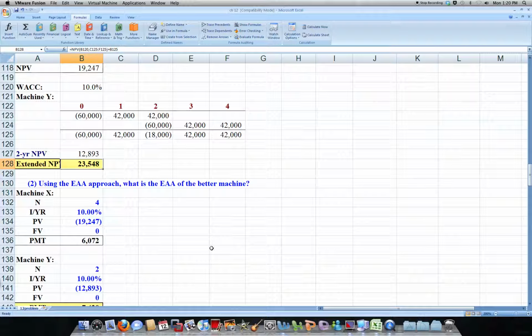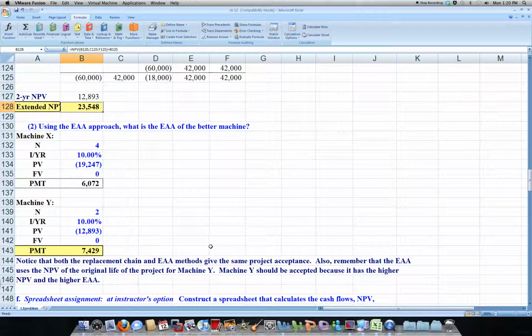Okay. We can also use the equivalent annual annuity approach, and in this case, we just find our payment, using the payment function.